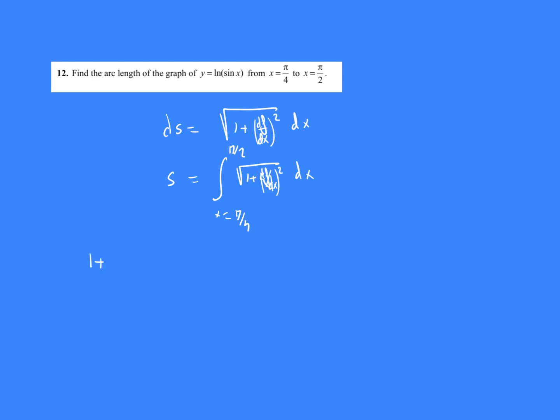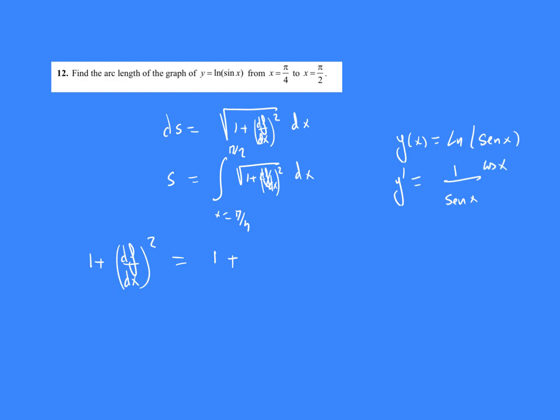We need to perform the calculation for 1 plus the derivative of f squared. So it will be 1 plus the derivative of the natural log of sine of x. The function is y of x equals natural log of sine of x, and the derivative y prime of x is 1 divided by sine of x times the derivative of sine, which is cosine of x.